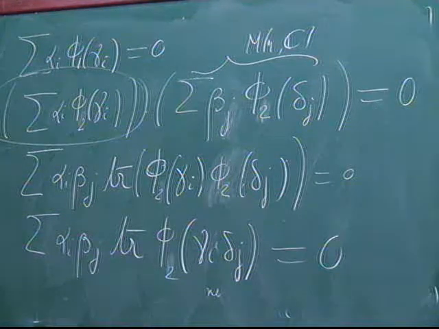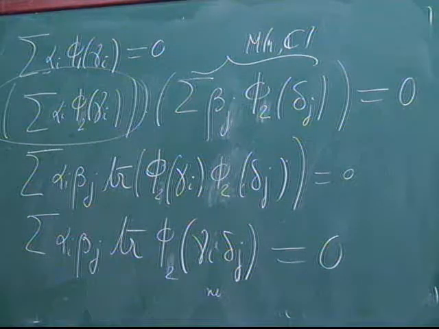But the function trace is a non-degenerate bilinear form. If you have a matrix whose trace multiplied by any matrix is 0, the matrix is 0. Okay, so I can put it this way.